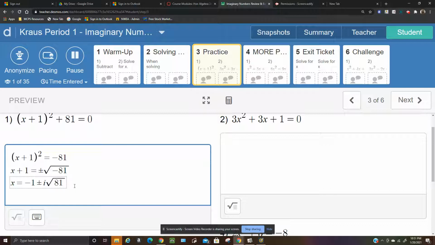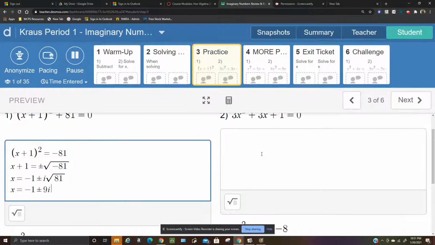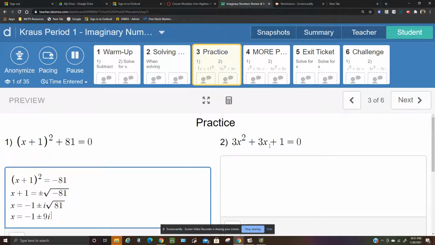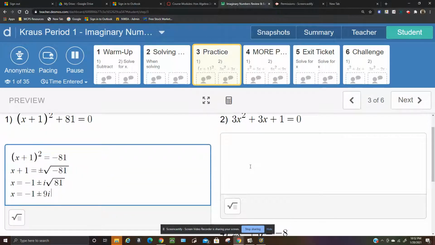And 81 is a perfect square, so you can take the square root. And I guess it's the same problem as we did on the other slide, but we'll go ahead and do it.